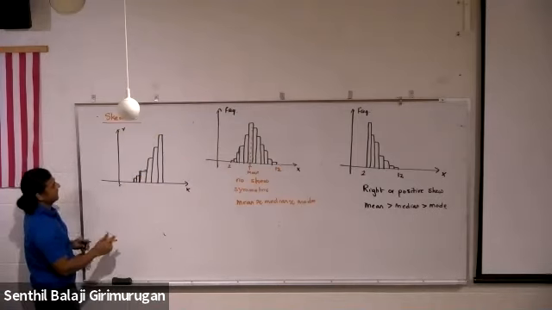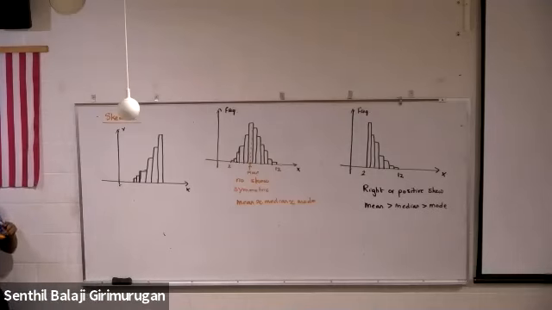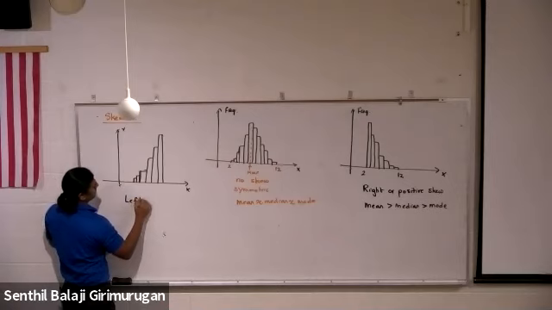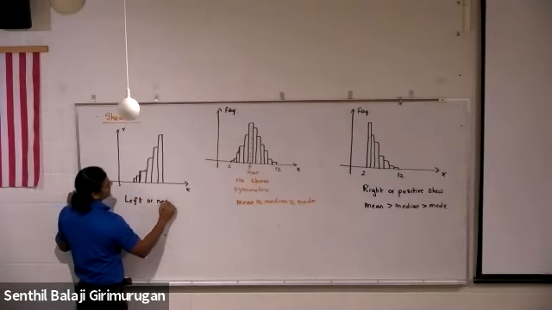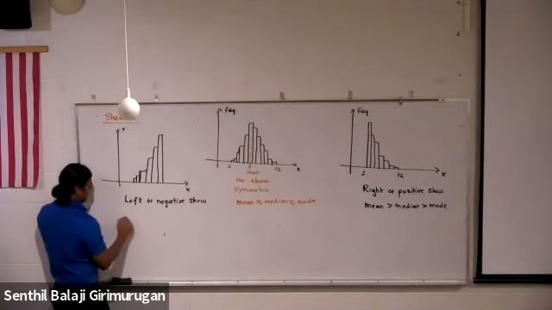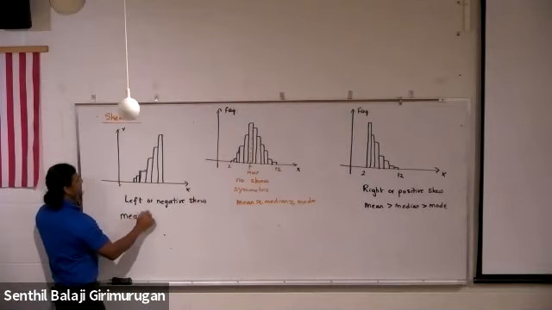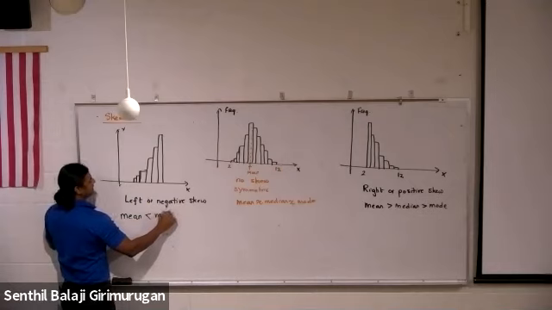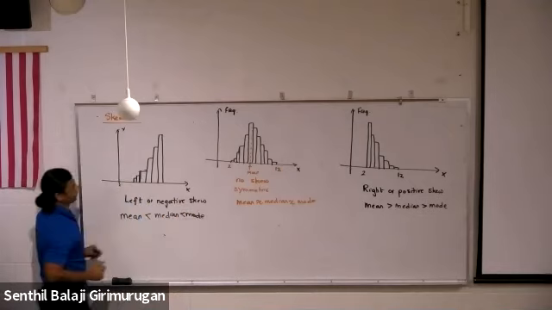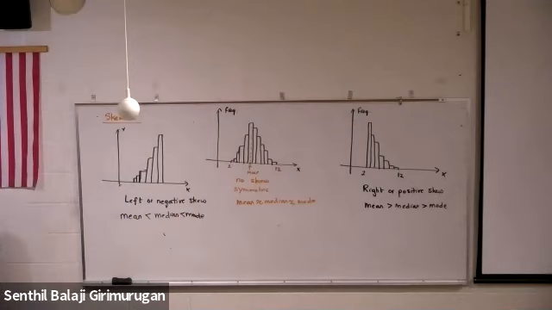Something like that, and the skew is on the left hand side. So this is left or negative skew. Here, the mean will be less than median, which will be less than the mode. It sort of makes sense.